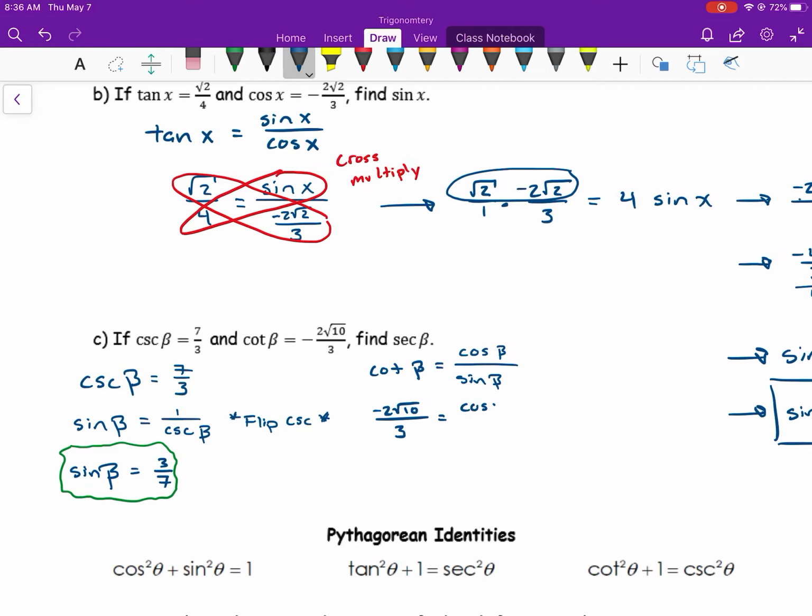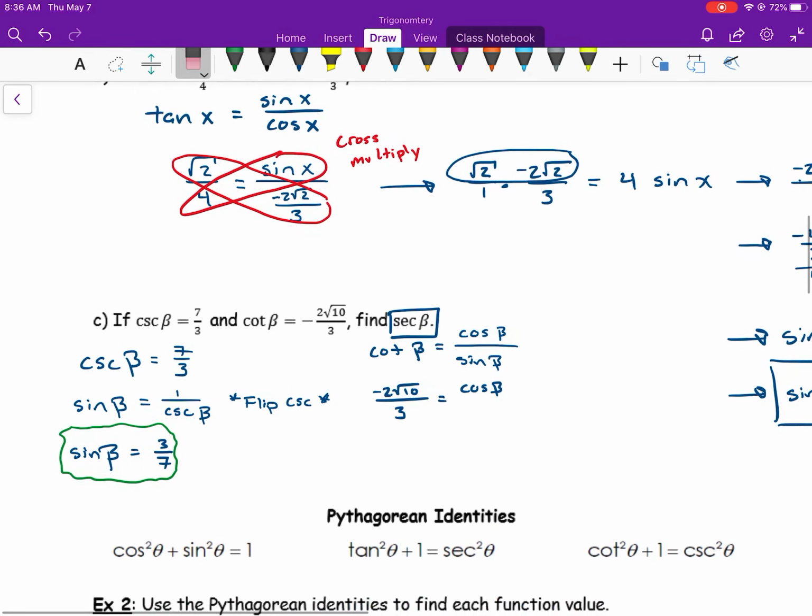We don't know cosine of beta, so cosine will lead us to secant, since that's what we want, because I know that secant is really 1 over cosine of beta. And then I know sine of beta is 3/7.